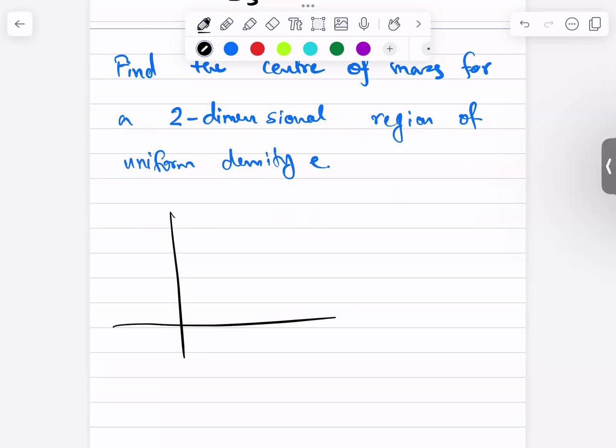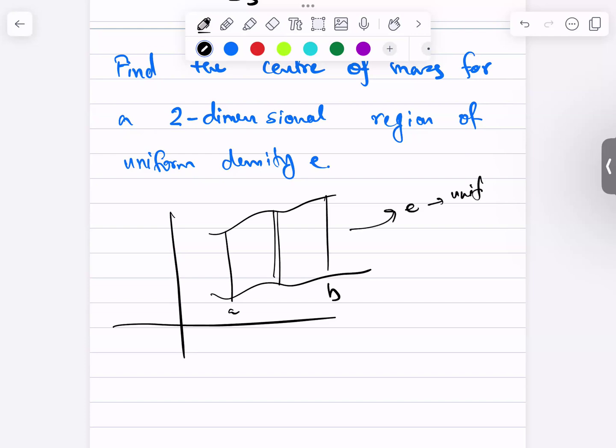So say I have a region like this in two dimensions, which goes from a to b, and say E is the uniform density. What does that mean? That basically means that over the region, the density is constant.